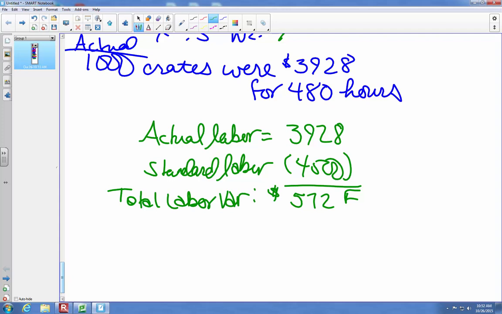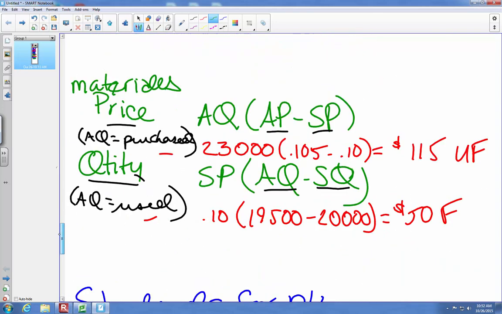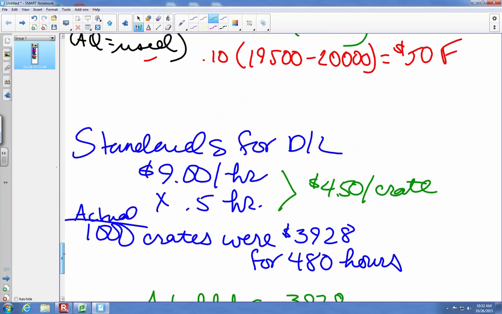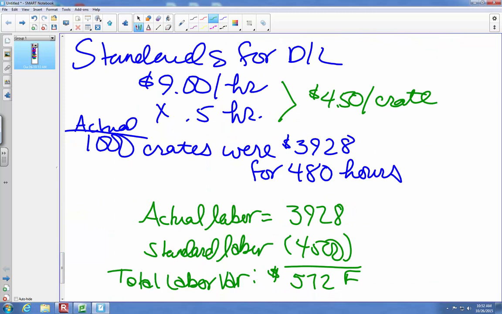So should you just be excited about this and stop and go no further? Why not? The thing is, you've got to use this in conjunction with this. What happened to the quantity of my materials? I guess that doesn't really tie in this case because I had a favorable quantity. But a lot of times when you see a favorable labor variance, they've been working too fast and not being efficient with the materials.